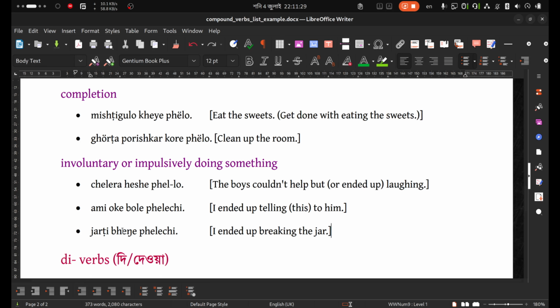So fela would not work here. জারটি ফেলে ফেলেছি would not sound good. We cannot use the same verb as non-finite and finite back to back. So I'm not doing that here.